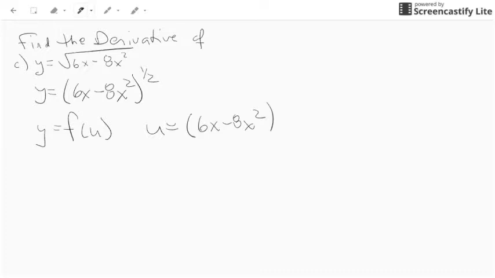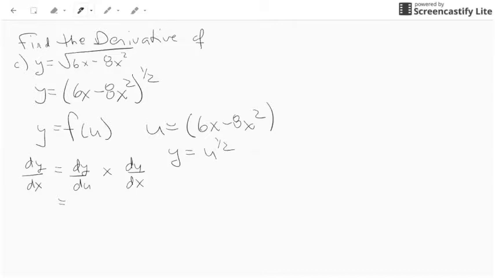But anyway, my derivative dy/dx is going to be dy/du multiplied by du/dx. I didn't write this out specifically, but this means that my y function here would be u to the 1/2.